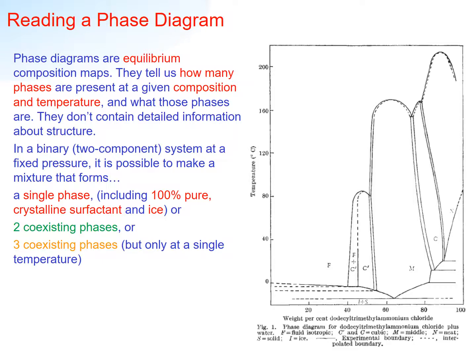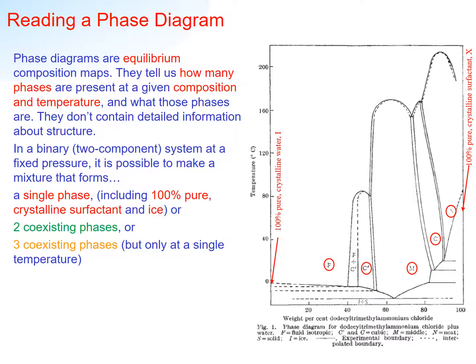Phase diagrams are maps of equilibrium compositions. They tell us how many phases are present at a given composition and temperature, composition shown on the horizontal axis and temperature on the vertical axis, and what those phases are, but they don't contain detailed information about structure. In a binary or two-component system at a fixed pressure, it's possible to make mixtures that form a single phase.